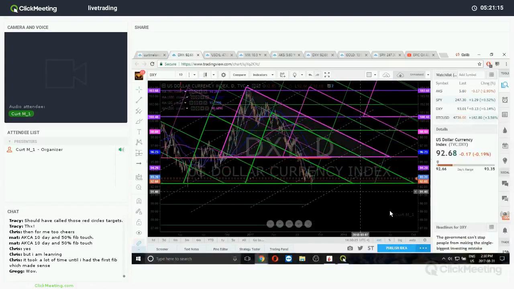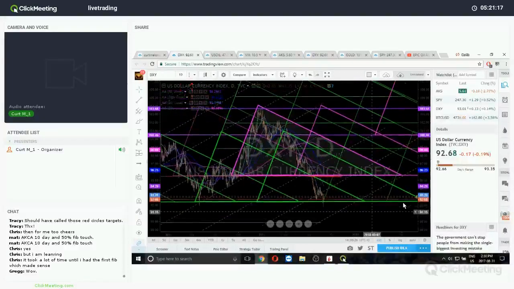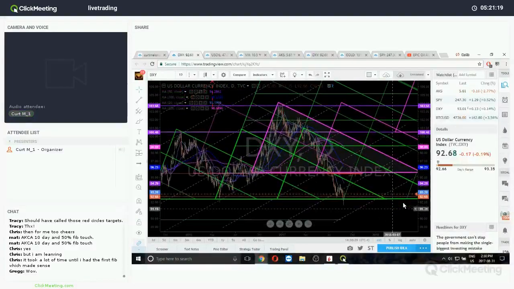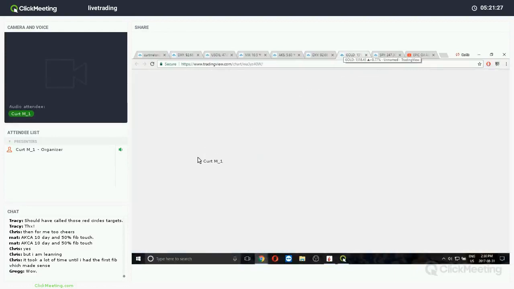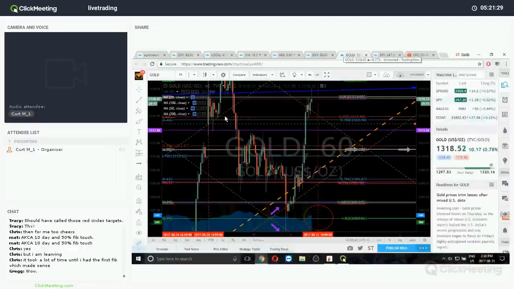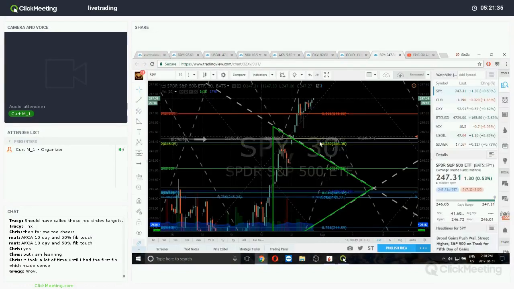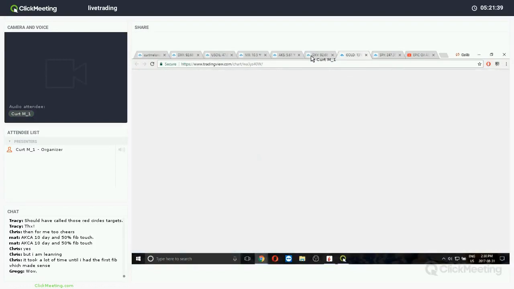So here's what the dollar looks like. See the difference? Gold, right? Diamonds. S&P is different in and of itself. That's gold.